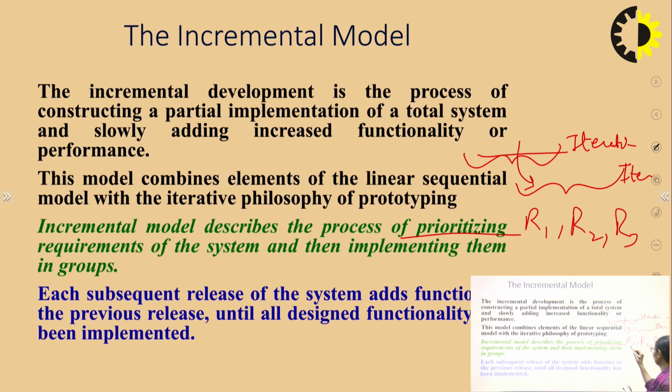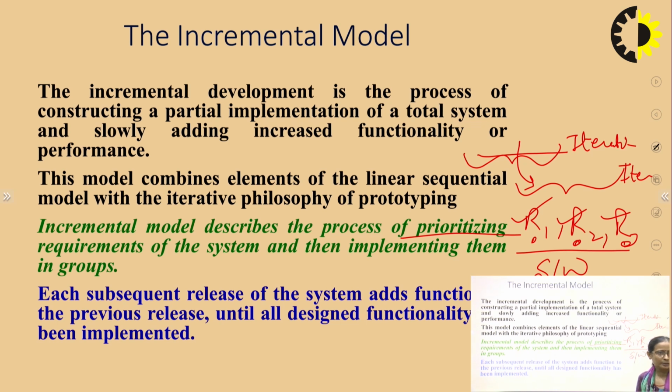After that, we will prioritize them, and according to their priority, we will start implementing them. That is, suppose in iterative cycle 1, we will work on R1. Then in another iterative cycle, we will work on R2 and then R3. So once all these groups of functionalities have been implemented, the final output is going to be your software project.